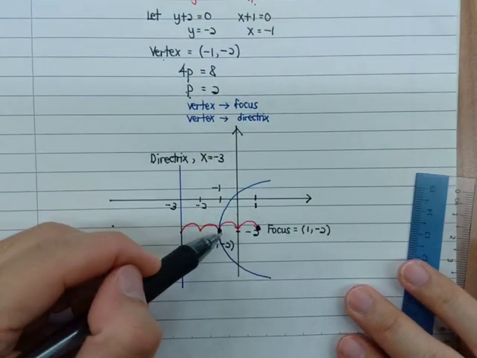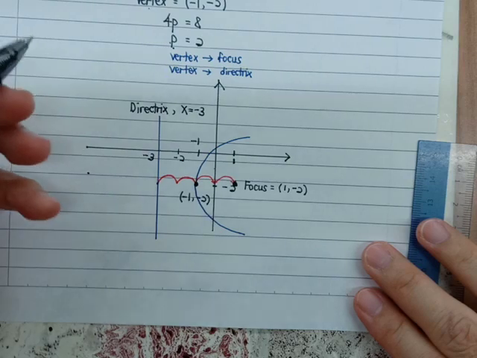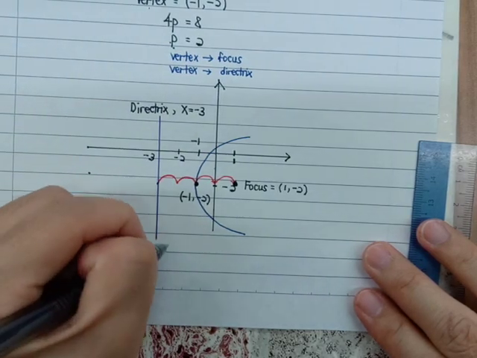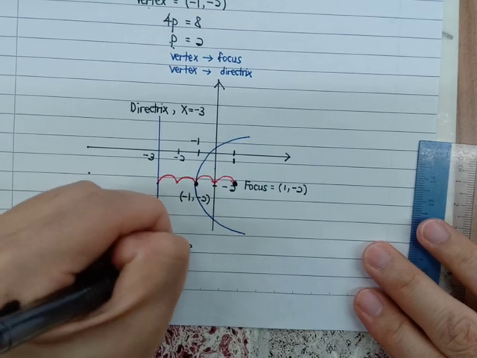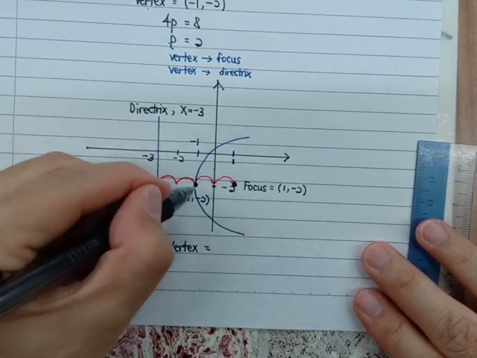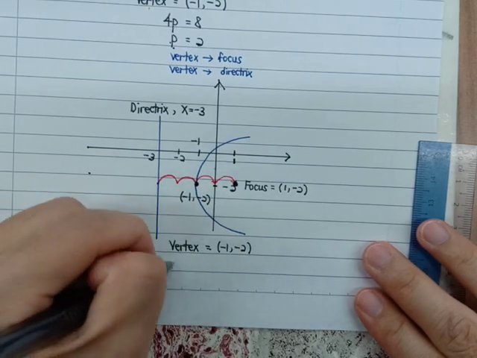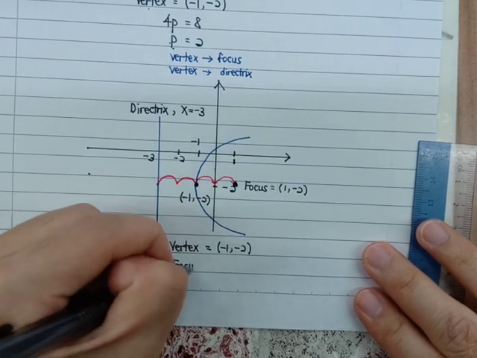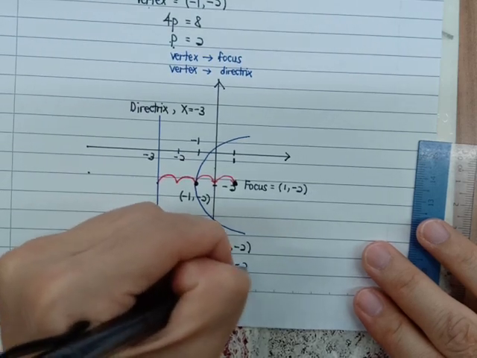So here we have vertex. It is better that we label, or write in a different place, the vertex. The coordinate of vertex is negative 1 and negative 2. The coordinate of focus is 1 and negative 2.